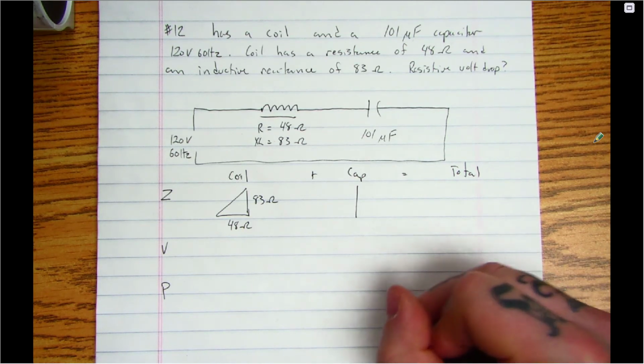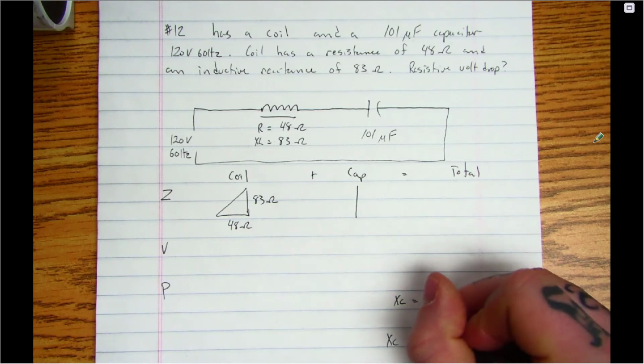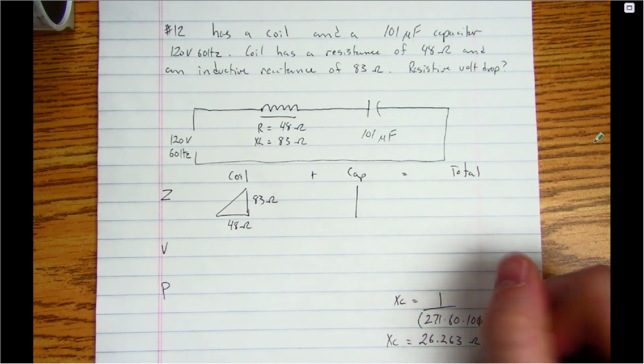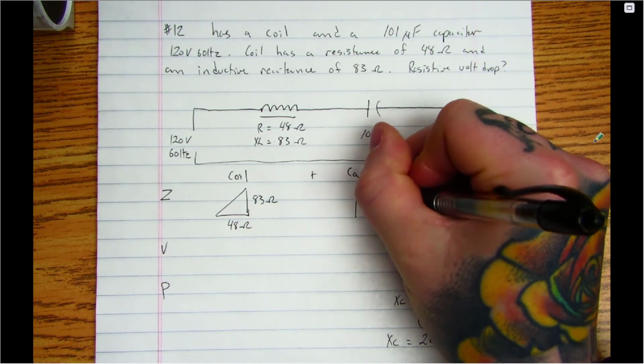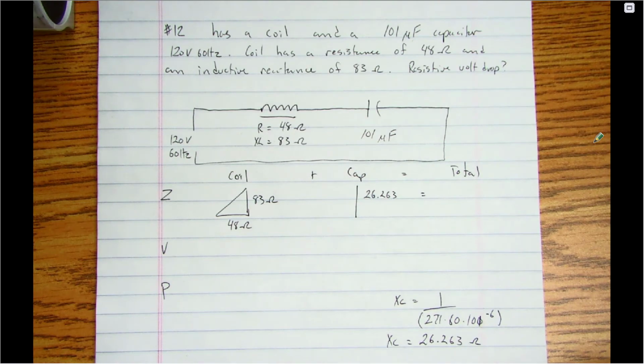So XC equals 1 divided by 2 times pi times 60 times 101 exponent negative 6, and I get an XC of 26.263 ohms. So that goes here, 26.263. And then I'm going to have my total.